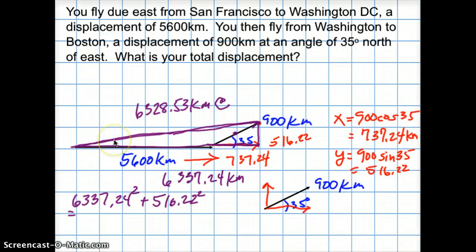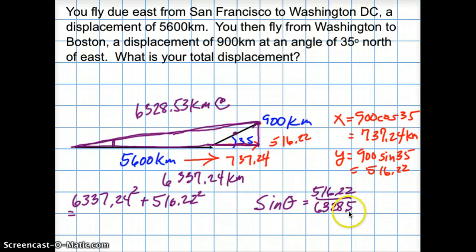So now my angle, I'm going to find this one. Let me just get rid of all of this so I can do my work in here. All right, I've got all three sides, so I'm just going to do the sine of my angle is equal to 516.22 divided by 6328.5.